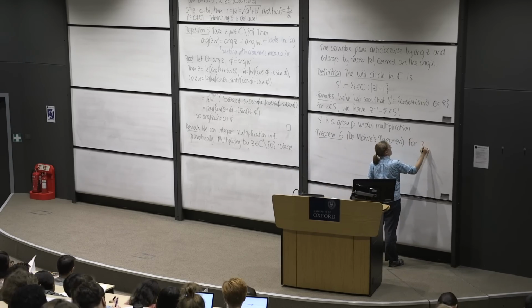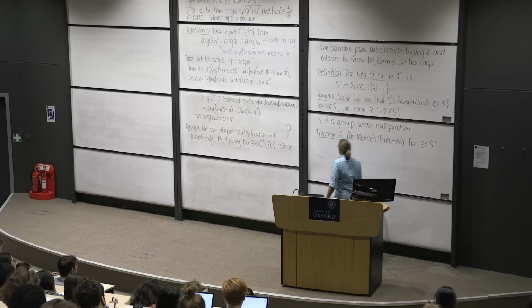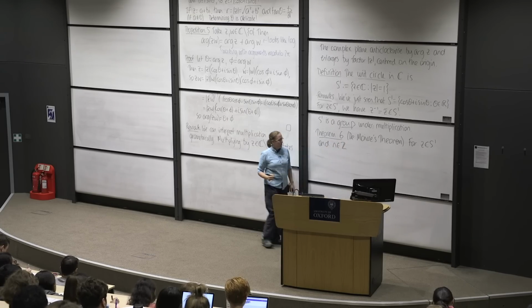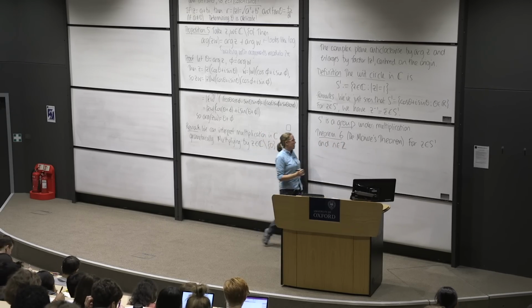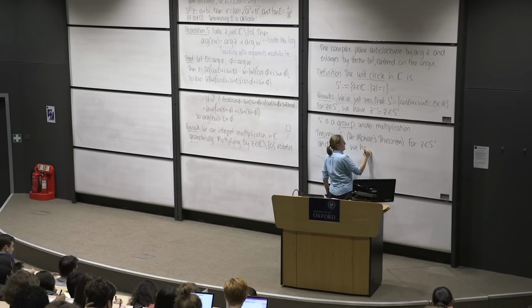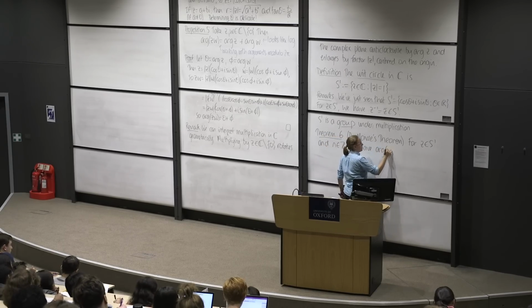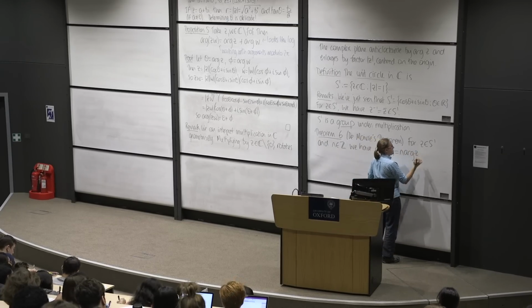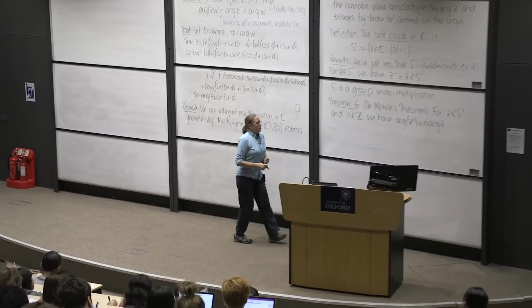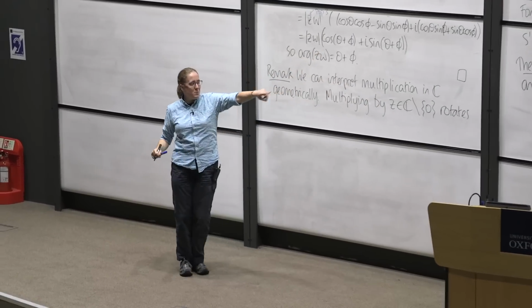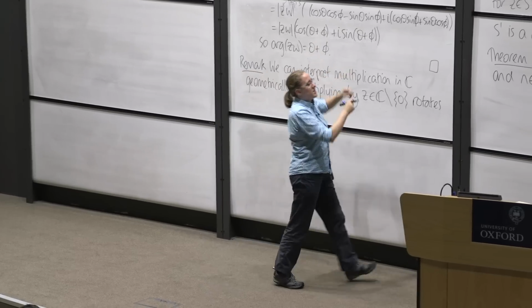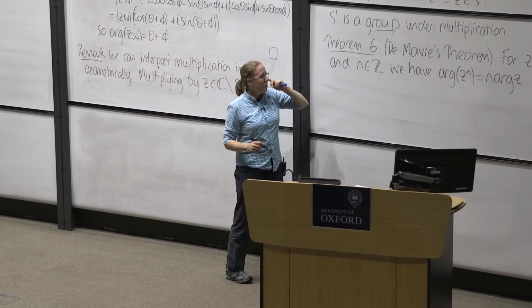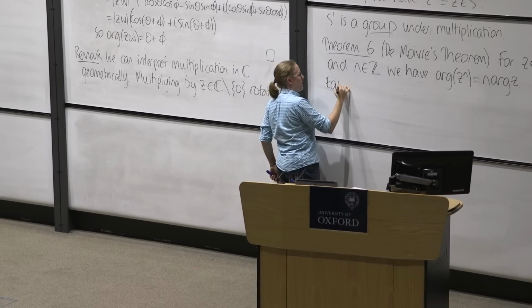So for z in the unit circle and any integer n, remember this just means n is any integer, we have that the argument of z to the n is n times the argument of z. We're going to be using this proposition to feed into it, but this is helpful.